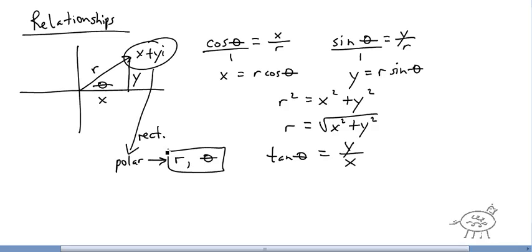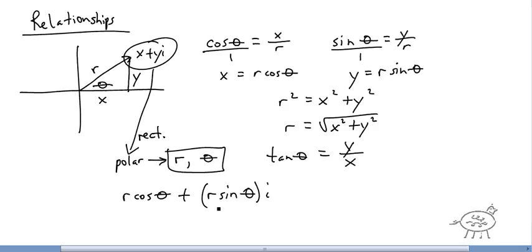So if I substitute that in there, x is equal to r cosine of theta. So r cosine of theta plus, and here's y. y is r sine of theta. So it's, I'll put this in parentheses, r sine of theta times i.